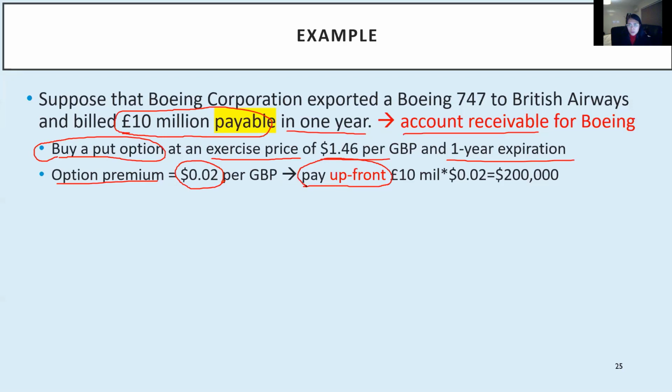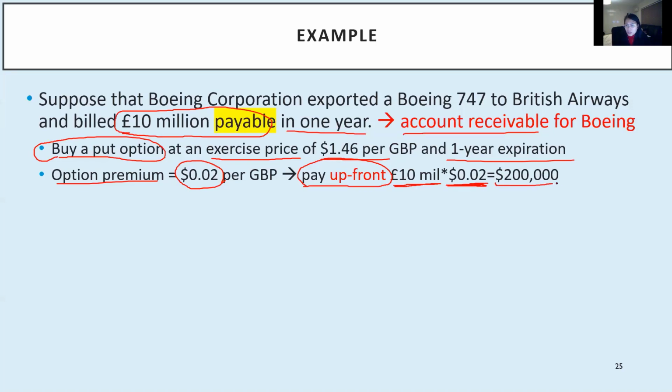So with an option, premium is similar to any insurance contract. You need to pay the premium at the start when you sign the contract, okay? So how much in dollar cost is the option premium? It will be the premium per pound times the notional amount, which is 10 million pounds.